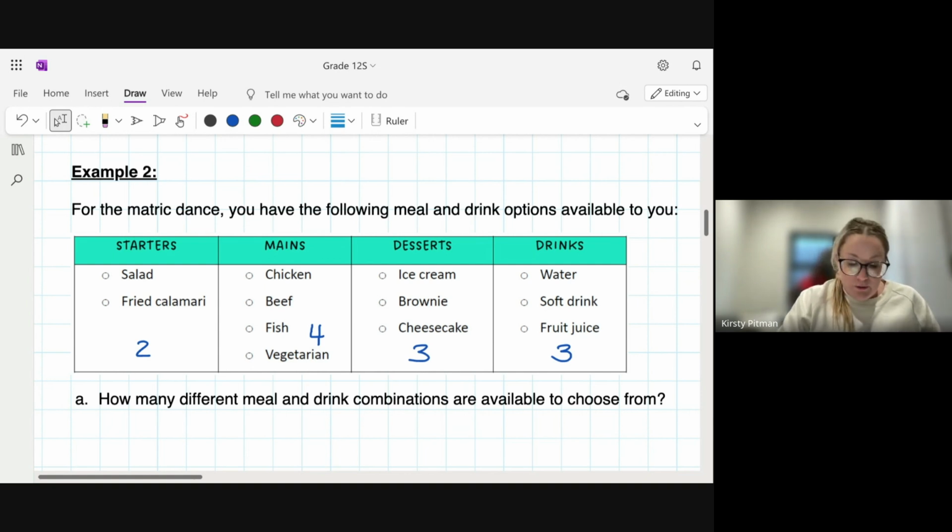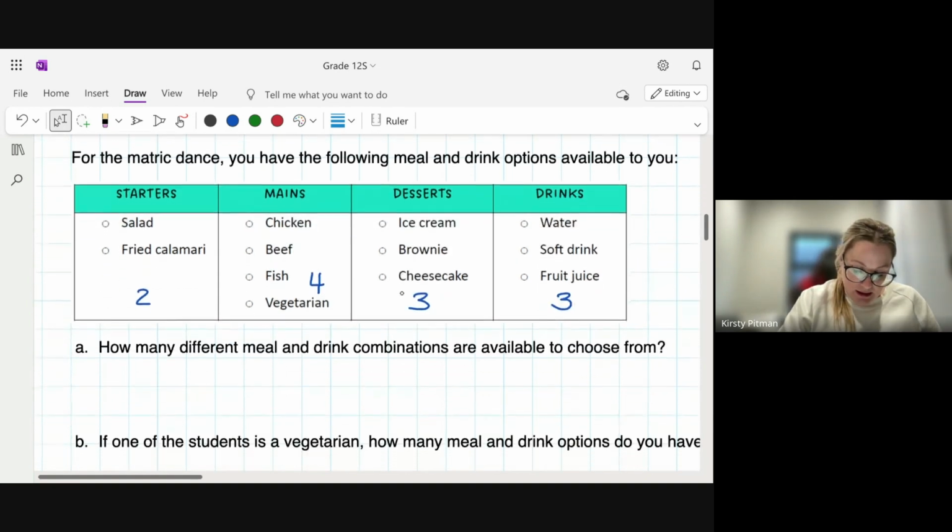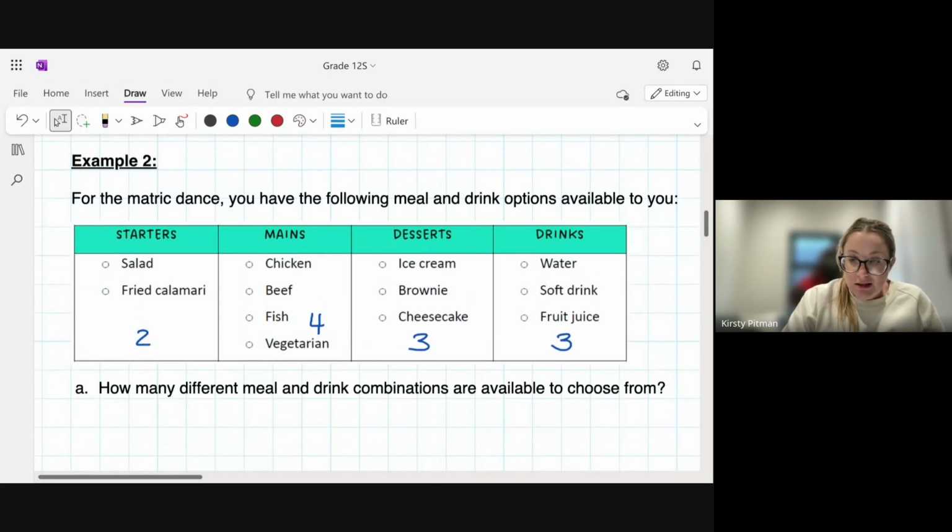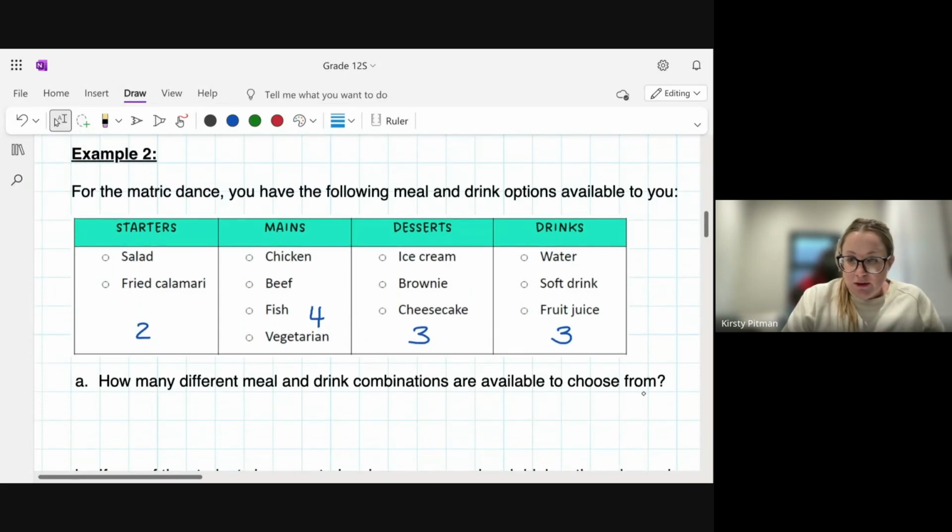The first question asks how many different meal and drink combinations are available to choose from. I'm giving you about 30 seconds. I'm going to give you 30 seconds more.